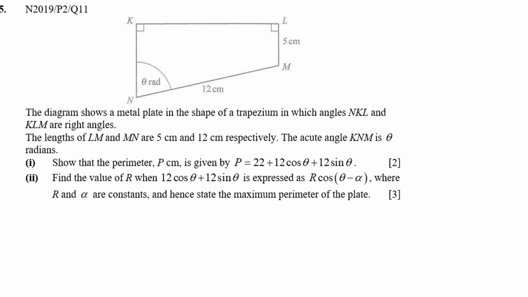So for part 1, you're asked to show that the perimeter of the trapezium, the metal plate in the shape of a trapezium, is given by P equals 22 plus 12 cos theta plus 12 sin theta.